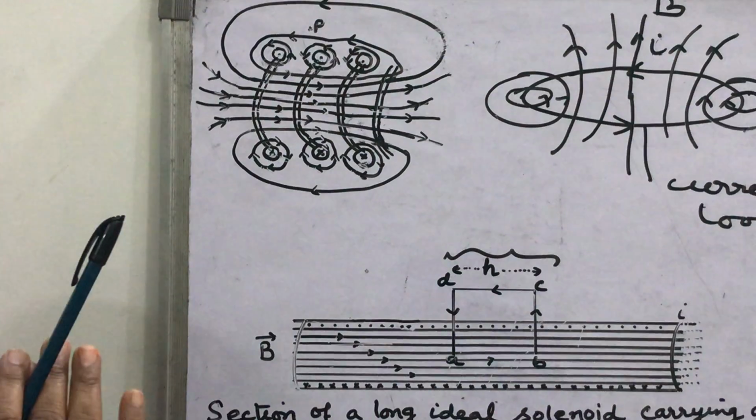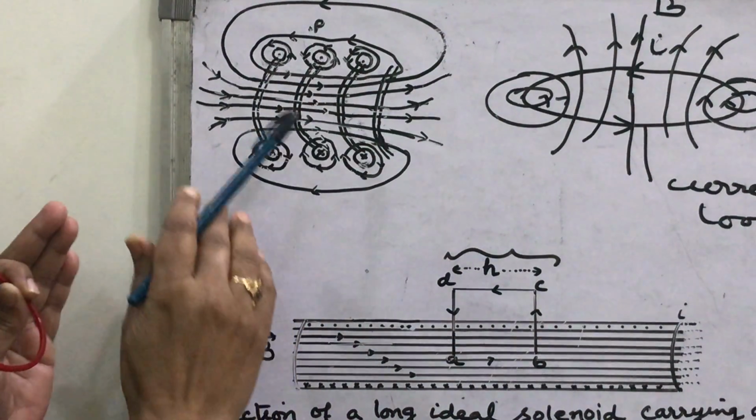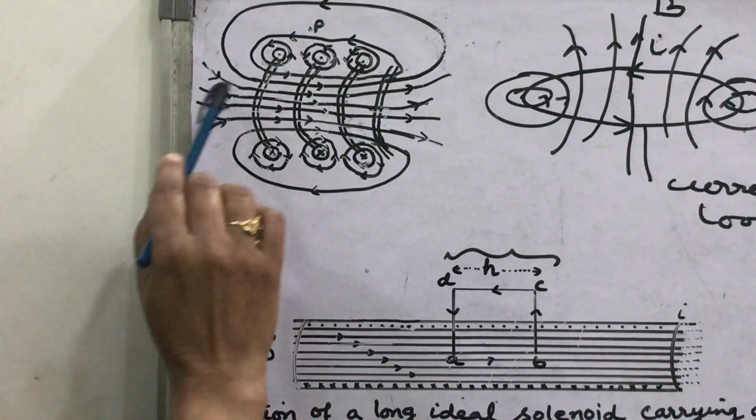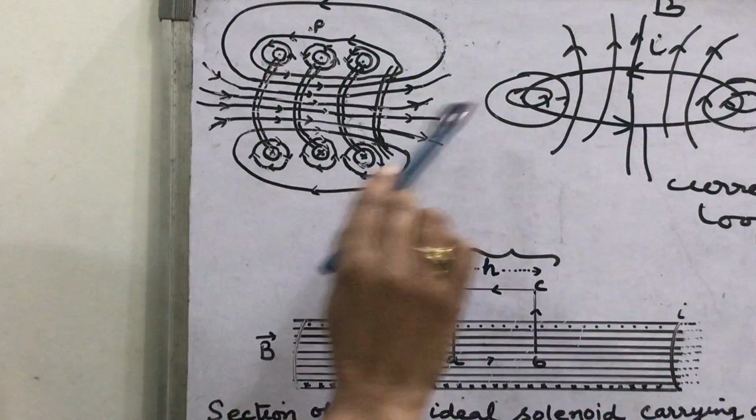Net magnetic field of the solenoid. How will you find the net magnetic field? We find that the net magnetic field of the solenoid is the vector sum of the magnetic fields produced by all the loops.